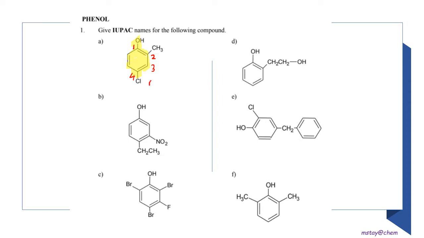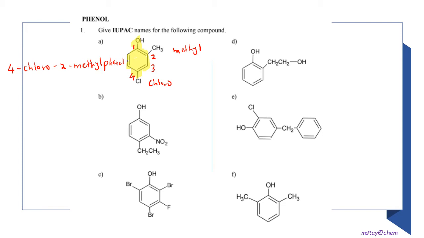So we have chloro and also methyl. Based on the IUPAC rules, we follow alphabetical order. That's why compound A should be 4-chloro-2-methylphenol.